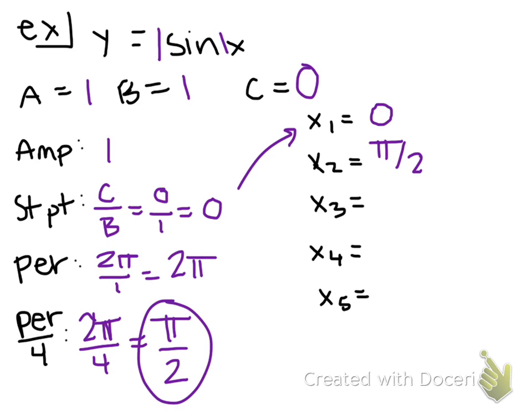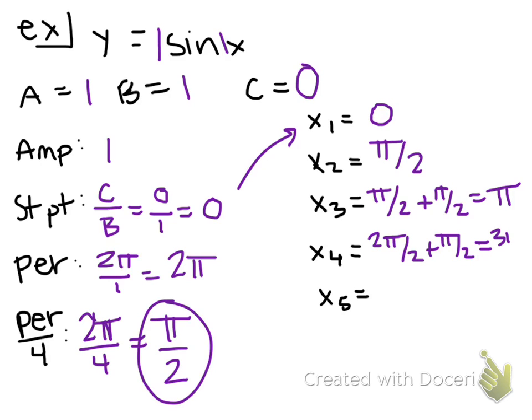Now for x3, I'm going to take my x2 value, which is pi over 2, and add another pi over 2, which will be 2 pi over 2, which would just be pi. x4 would be that 2 pi over 2 plus another pi over 2. So x4 will be 3 pi over 2.